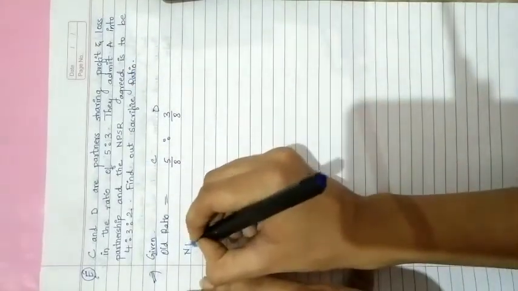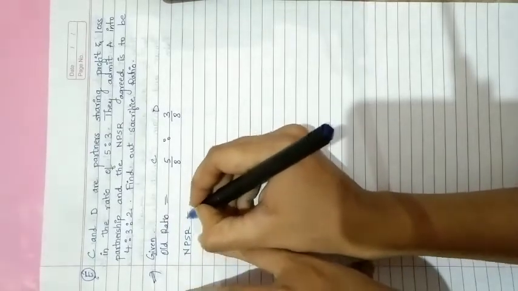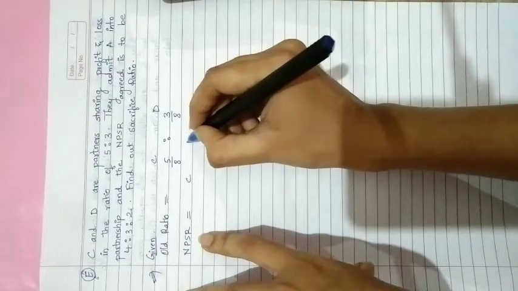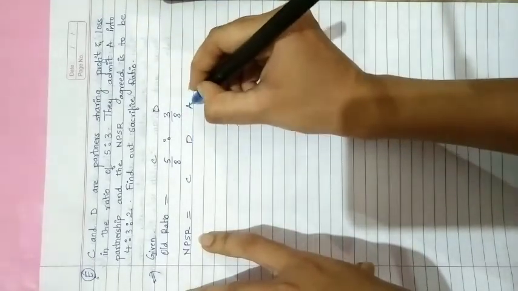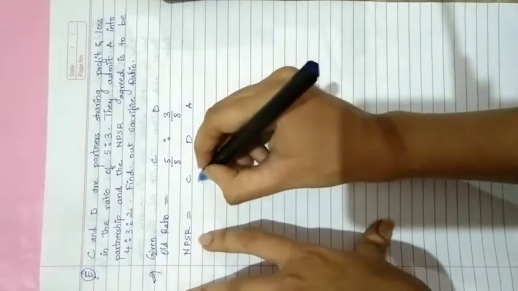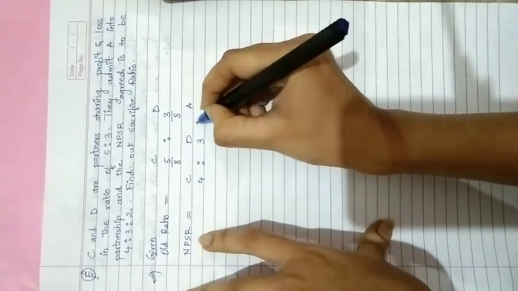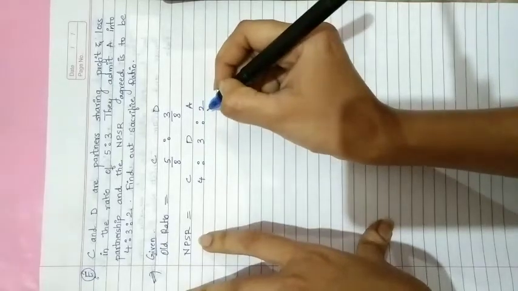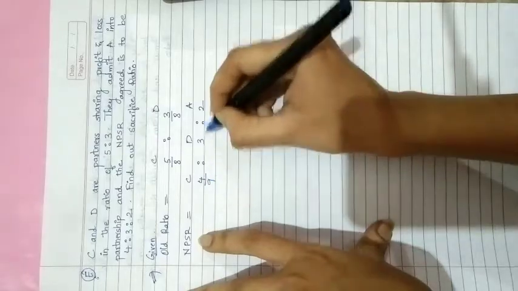So in this question, they have already given us the new profit sharing ratio of all the 3 partners, C, D and A. A is a new partner here. So they have given us the new profit sharing ratio as 4:3:2. So 4 plus 3 plus 2 comes to 9.